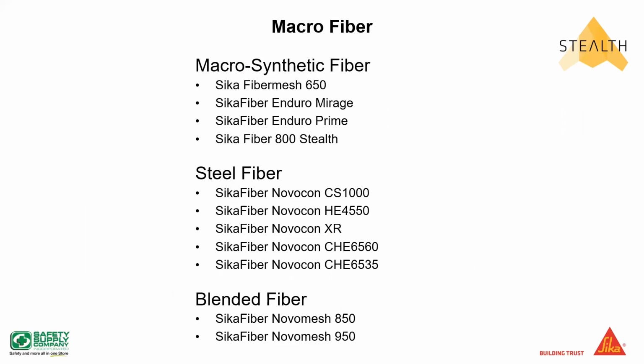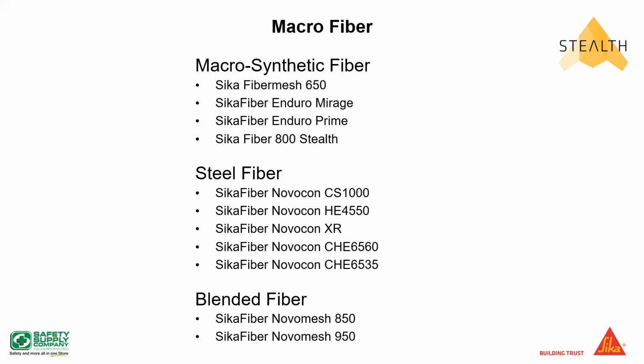Okay, as far as our macro fibers go, these are some more that we have. I talked to you about the 650 and the Stealth. We've got a product we call Prime, a product we call Mirage, and so on. And then the steel fiber, again, we do not manufacture any steel fiber, but if you need steel fiber, we can get you steel fiber. So you can keep that in mind. We sell steel fiber, but I'm not a big steel fiber engineer. I love macro synthetics, and I try to flip every steel fiber job that I come across to a macro synthetic.